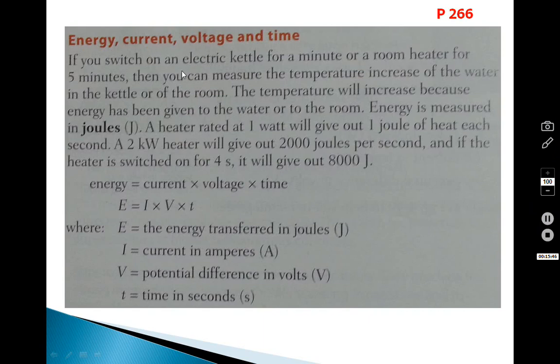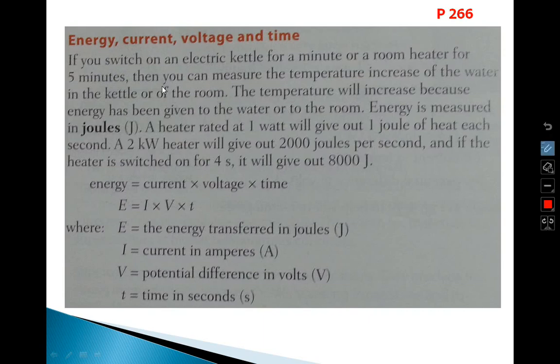As we said, now we are going to say what's the relation between energy, current, voltage, and time. Actually, this relation, as we said in last slides, is controlled by what? By a general formula. So to find the relation, we will take an example.